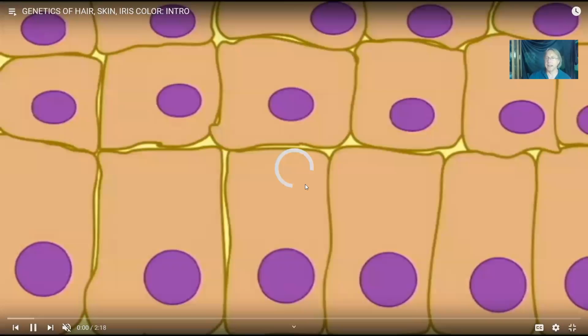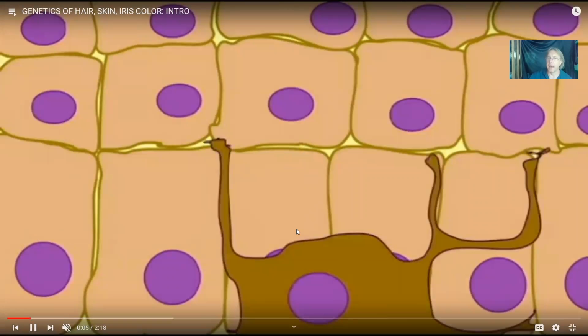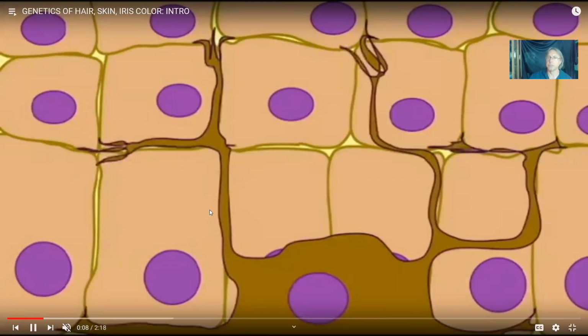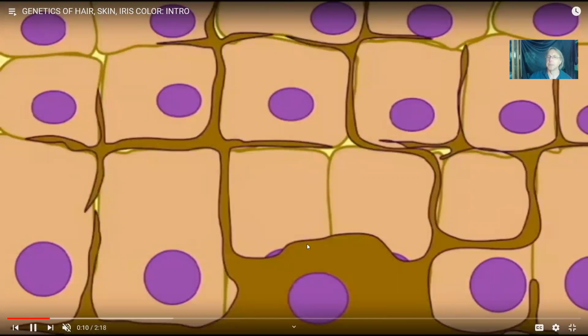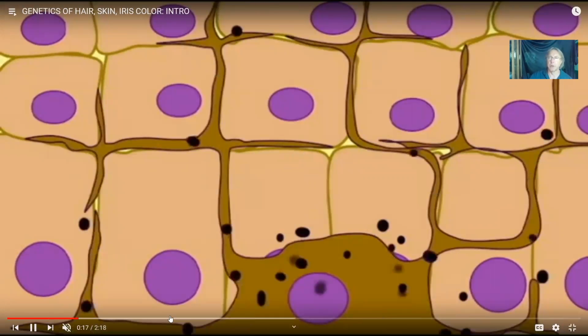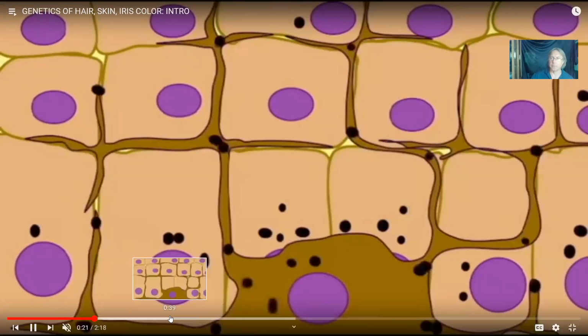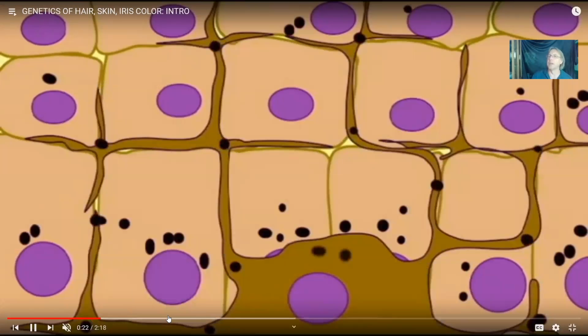So once again, these are the keratinocytes, which make up the majority of the epidermal cells. But these melanocytes can now extend their processes and inject melanin into the cells, where then melanin can absorb ultraviolet light and protect from mutations.